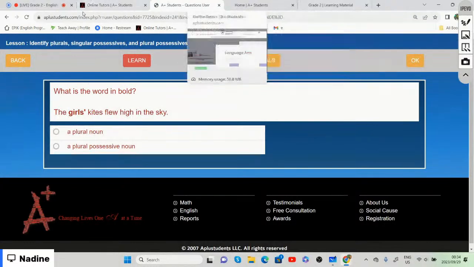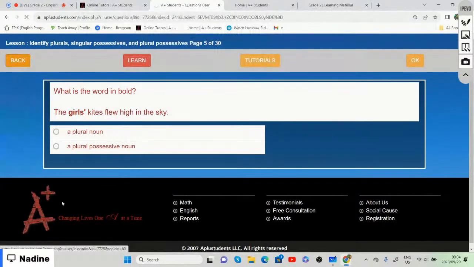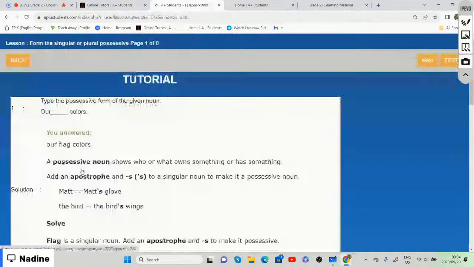All right, so now we're going back and we're going to form the singular or plural possessives.